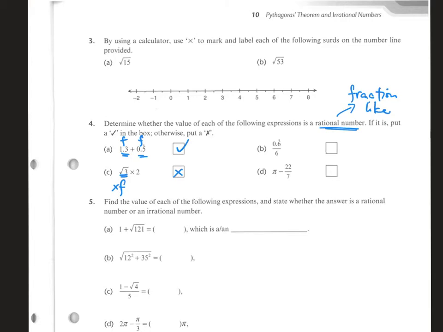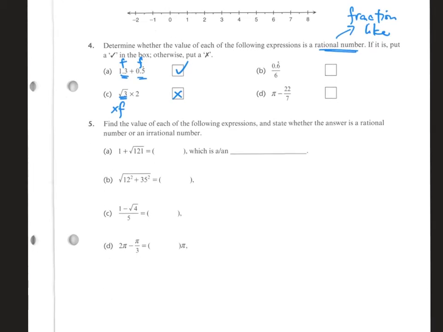Next question, you can also use the calculator to help justify whether it's a rational number or not. By calculator, you check 1 plus square root 121 to see what it actually is. Let's take 5 seconds to do so. It's easy, it's 12. So it's an integer, which means it's a rational number, right?